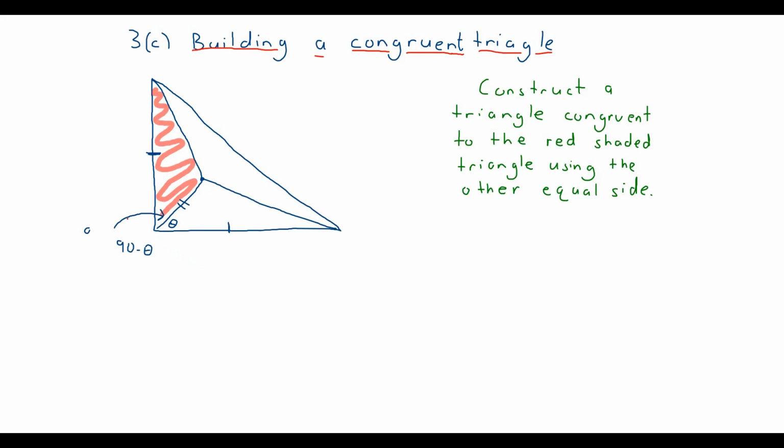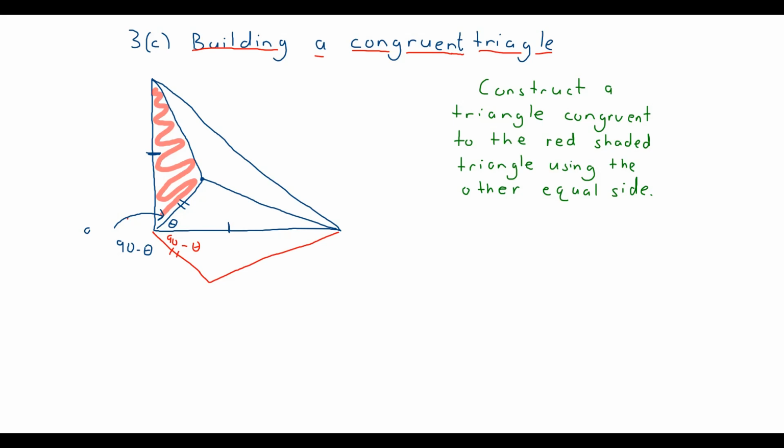So I'm going to build a line down here like this, such that these two are the same length, and also such that this is 90 minus theta, and then I'm just going to join this up like this.